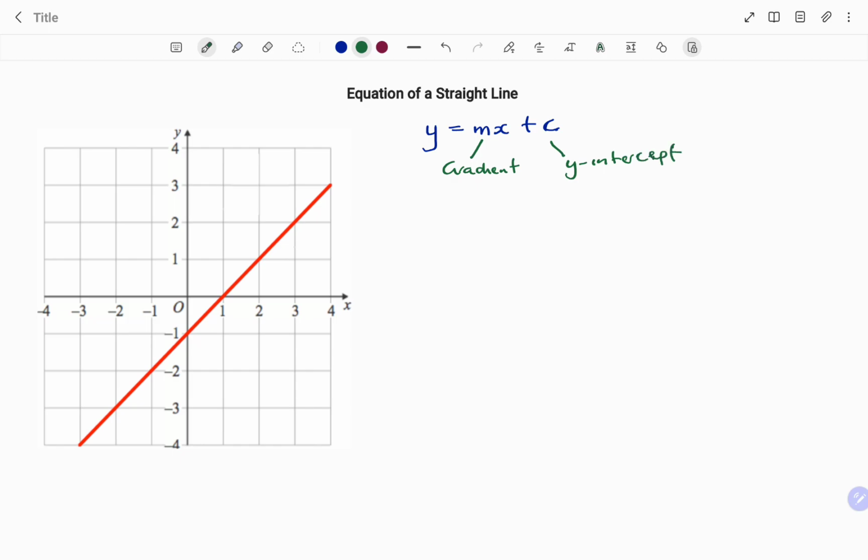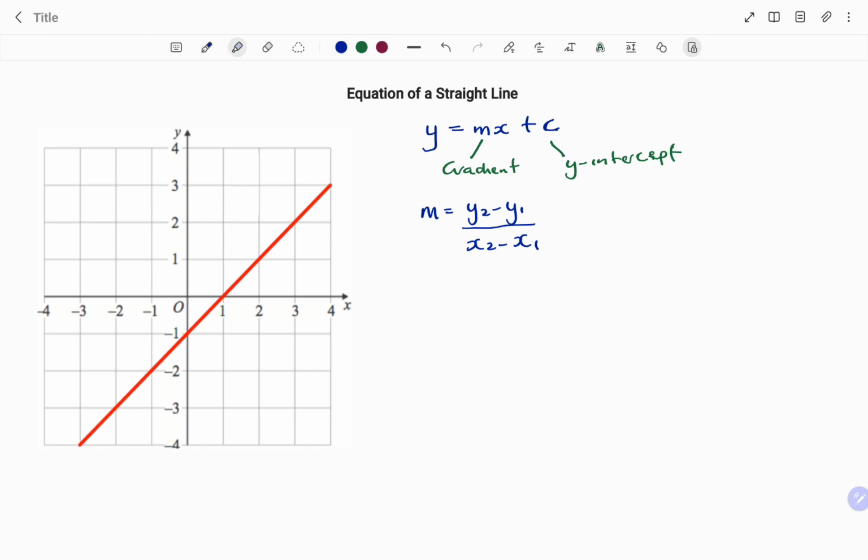To find my gradient m, the formula is m equals the change in y over the change in x. My change in x and change in y is gotten by finding 2 random points on the line.